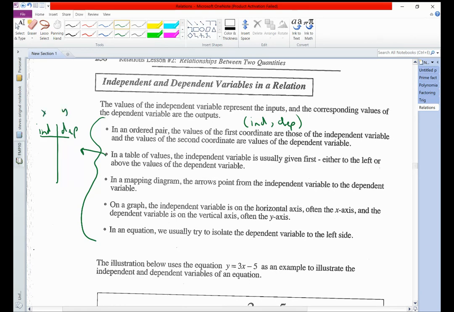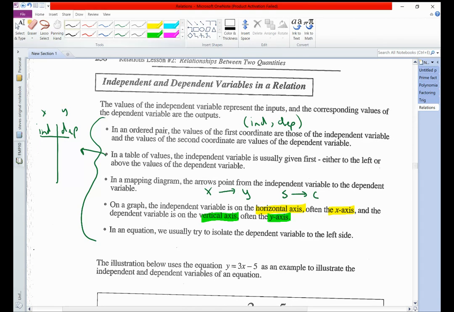And that will be x and y. In a mapping diagram, we go independent to dependent, or I guess in this case it was S to C. On a graph, the independent variable is on the horizontal axis or the x-axis, and the dependent variable is on the vertical axis or the y-axis.